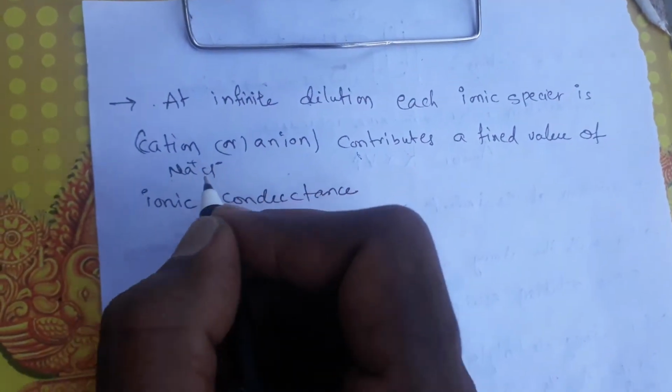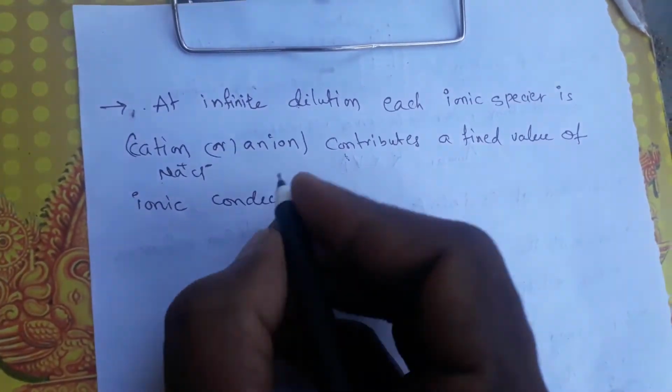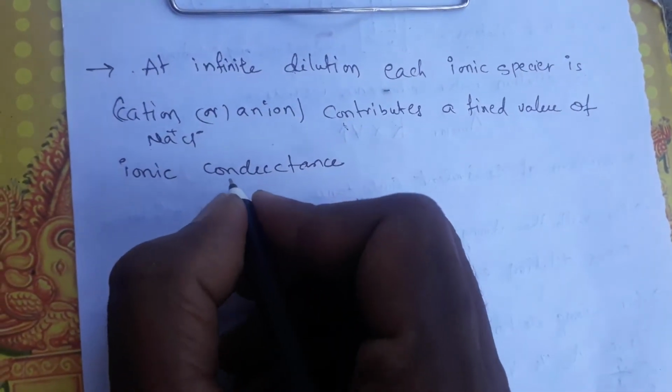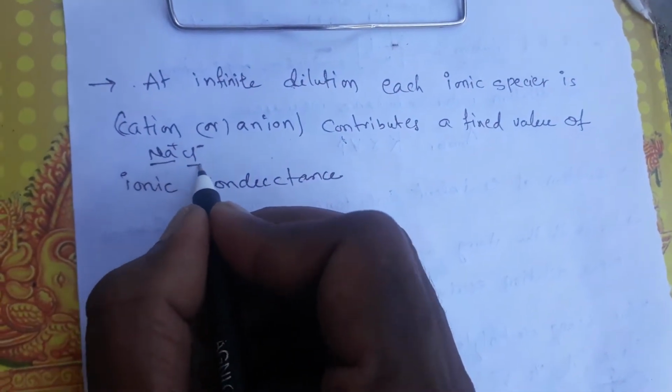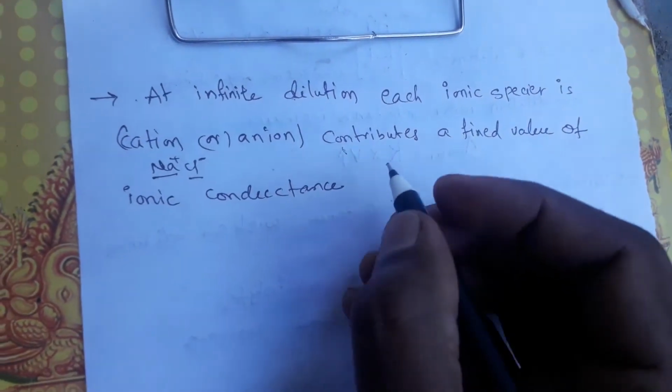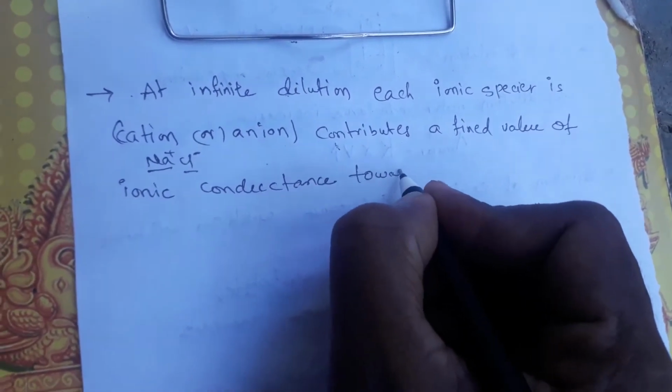That means there is a conductance produced due to the sodium plus ion as well as the Cl minus ion. That is the meaning.